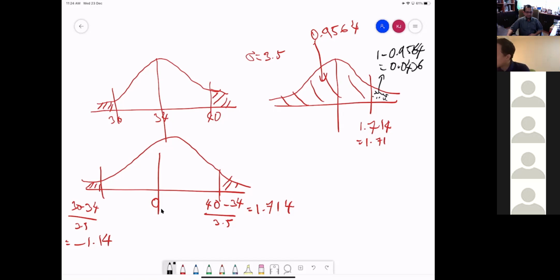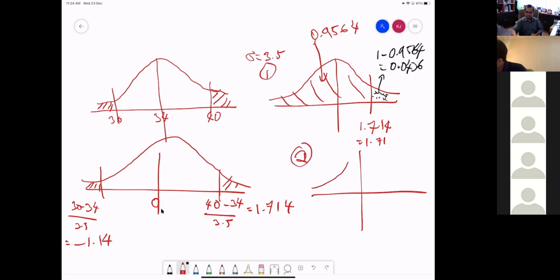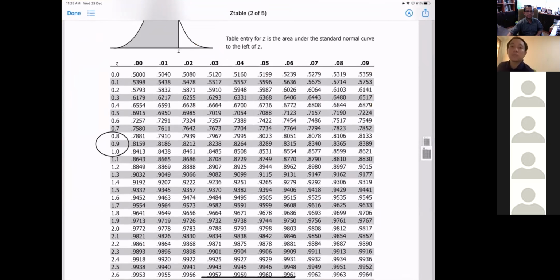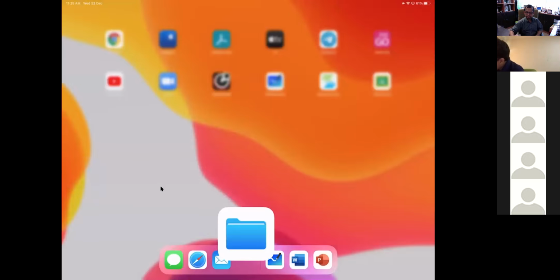Okay, the second one. This is the first part. Second part. We flip that. Otherwise, we just read minus 1.14 from that table. So we want to know this area, 1.14, 0.9207.